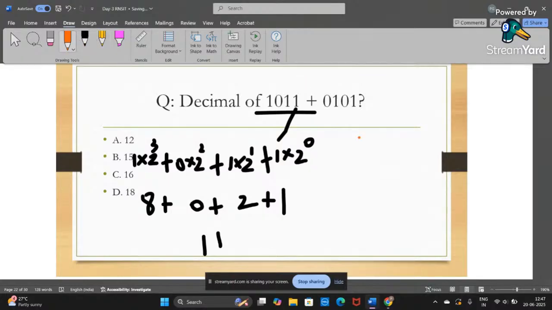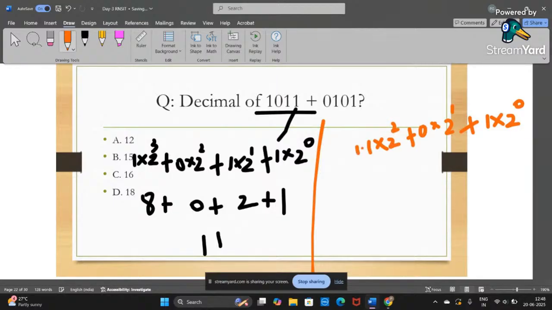Now we have to find it for 0101. So 1 into 2 power 0 plus 0 into 2 power 1 plus 1 into 2 power 2 plus 0 into 2 power 3.